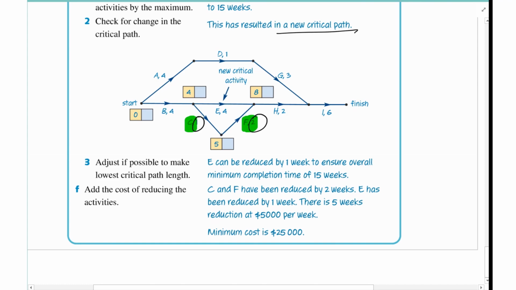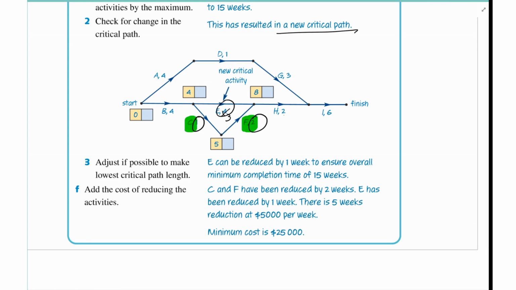We still want to get it to, that would have been 8, and 8, so it would have been 16. Whereas the new way would have been 4, 5, 7, 9, 15. And I can still reduce this one to 3, because I can do it by 2 weeks max, so I can reduce it by 1 week.